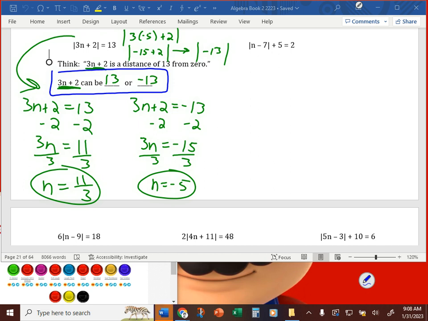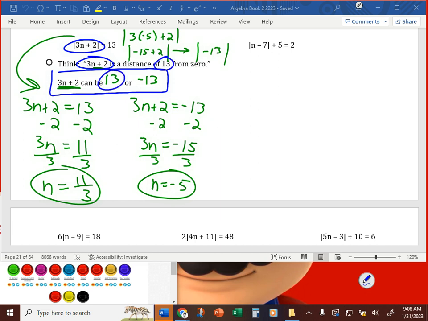So this value, whatever it is, is a distance of 13 from 0. Good? So then in your mind, you can say that value, 3n plus 2, is a distance of 13 from 0. So, Nick, what two numbers are a distance of 13 from 0?